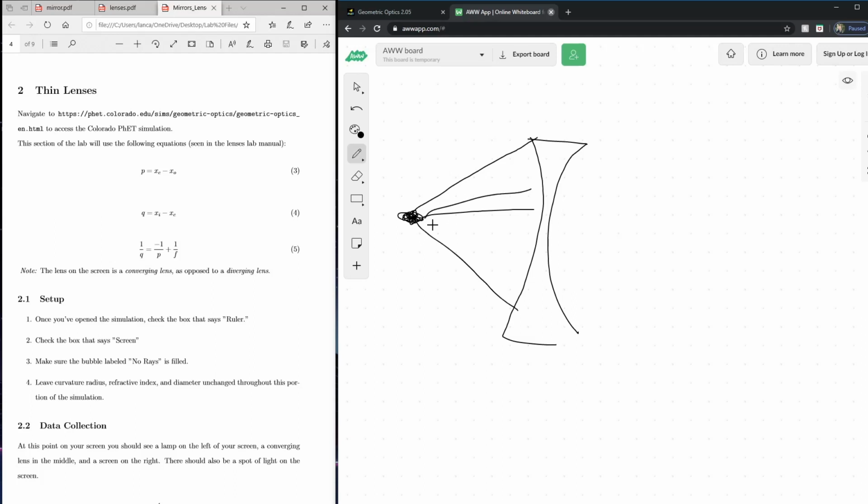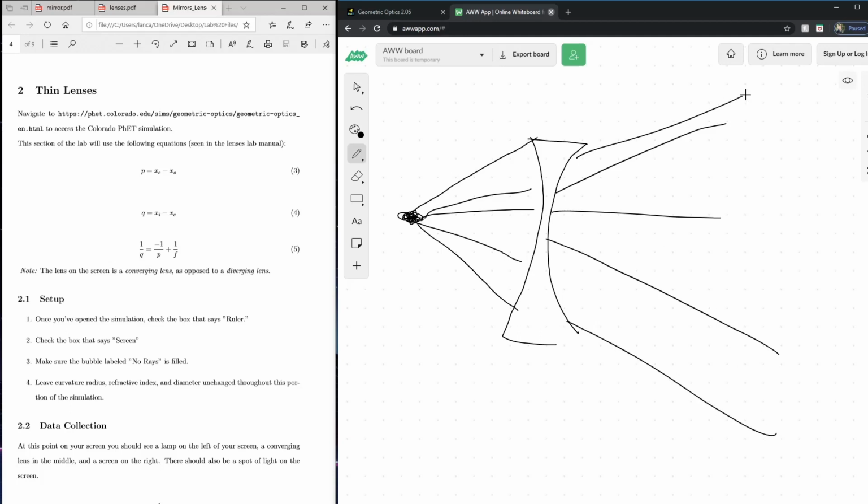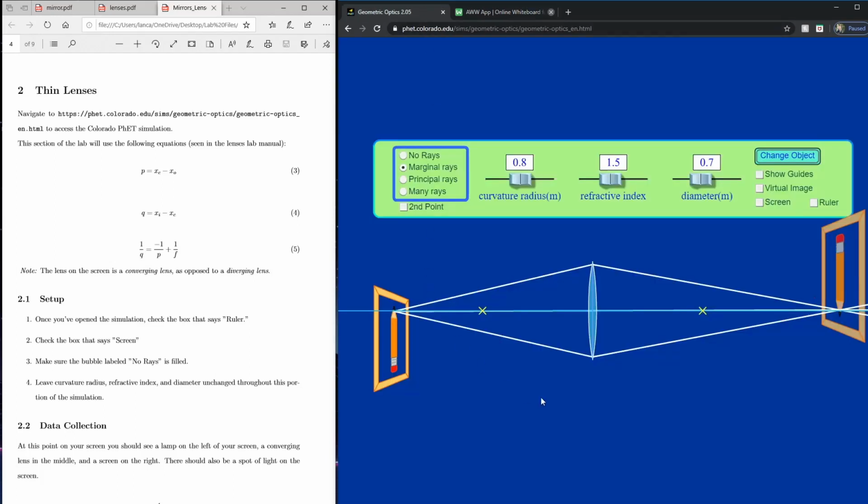I'm going to draw a couple more in there. And it's actually going to spread them out even further than when they came in. So, like so. It's going to spread those light rays out as opposed to focusing them some distance over here. Now, in this experiment, we're not going to be dealing with diverging lenses. We're going to be dealing with converging lenses, just to make things a little simpler.